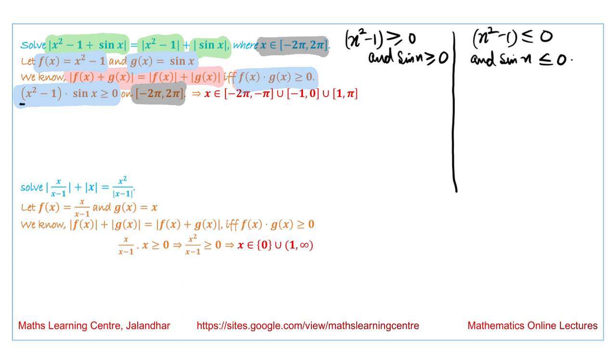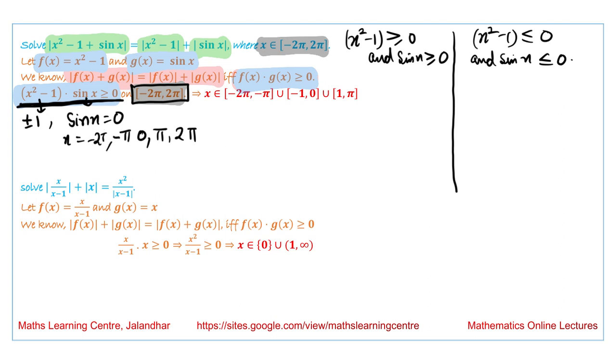Another way to solve this is to look at the critical points. In this case, x belongs to the interval minus 2 pi to 2 pi. The critical points from x square minus 1 are plus minus 1, and for the other we equate sin x equal to 0. If we equate sin x equal to 0, we get the values of x in this region as 0, pi, 2 pi, minus pi and minus 2 pi.